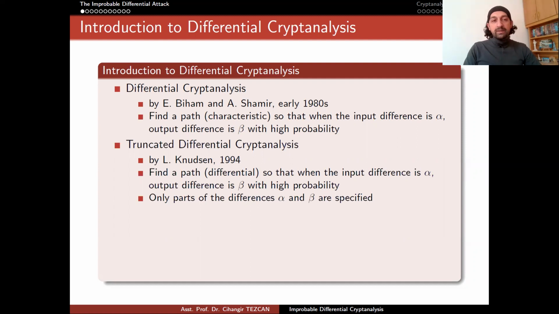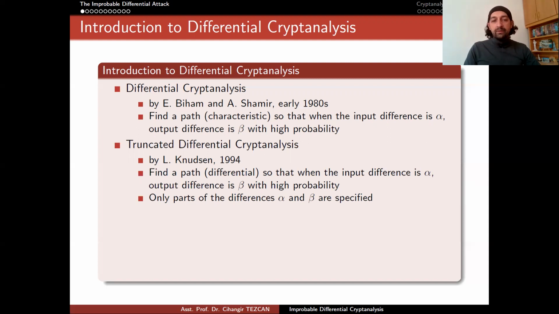So the definitions are the same for differential cryptanalysis and truncated differential cryptanalysis, but the difference comes from how you define these differences. In classical differential cryptanalysis, we explicitly write these alpha and beta differences, saying whether the differences of the bits are 0 or 1.